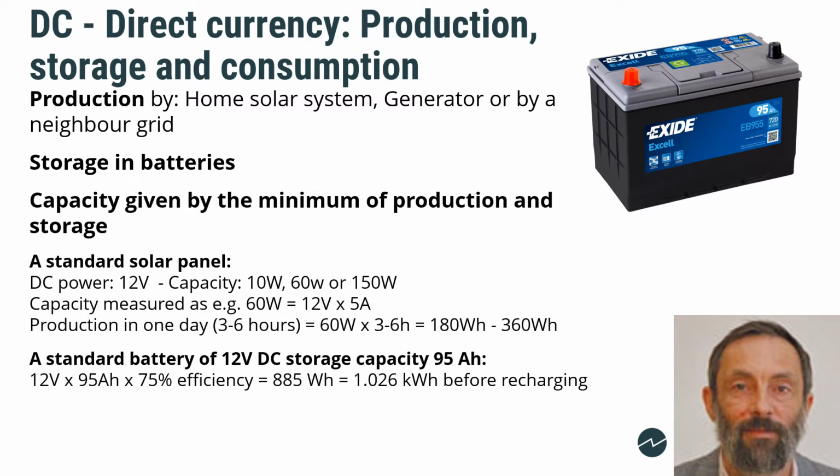Both in the morning and in the evening, the sunshine is less intense and it gives less power to be stored. The same is the case when you have a rainy day or a cloudy day. The production with the solar panels is very much reduced during those days.